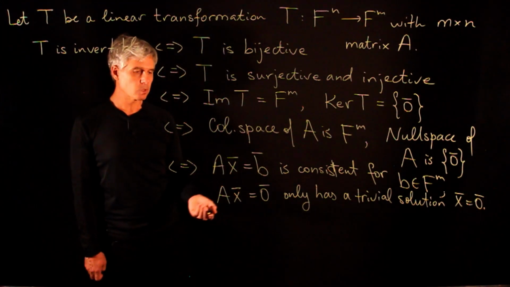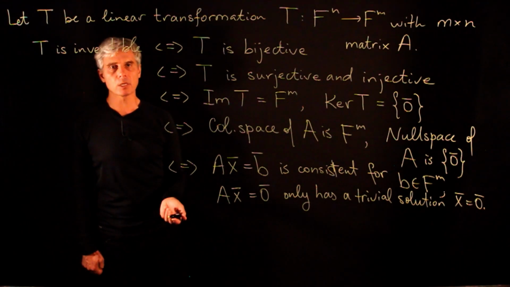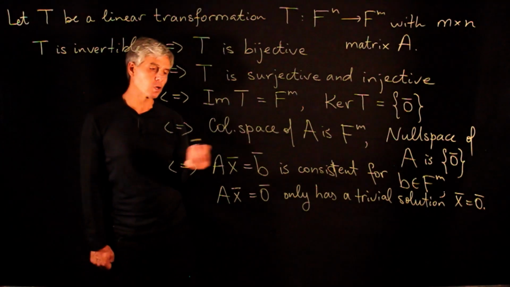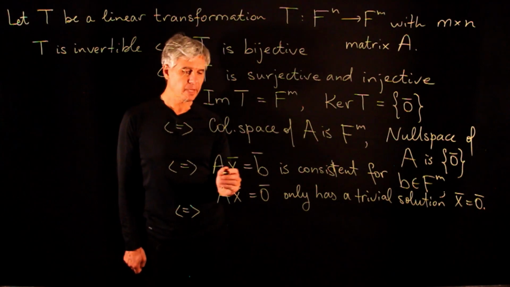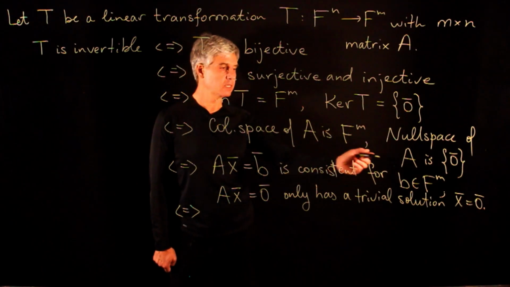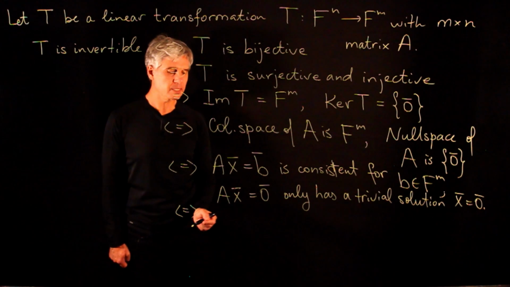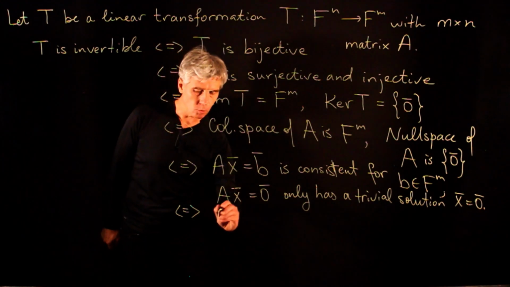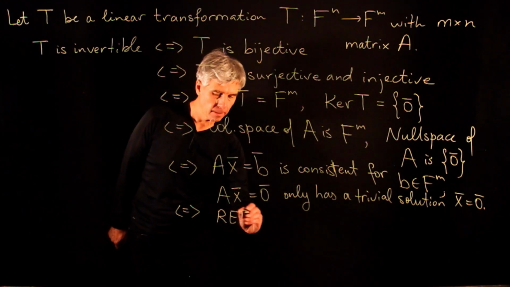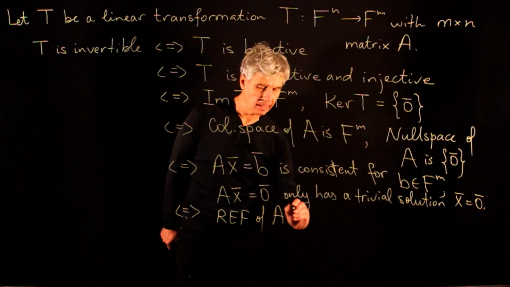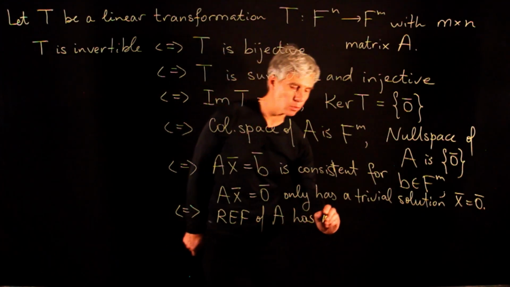And we solve systems of linear equations by bringing the matrix to row echelon form. The system AX equals B is consistent for all possible right-hand sides if and only if row echelon form of A has no zero rows.